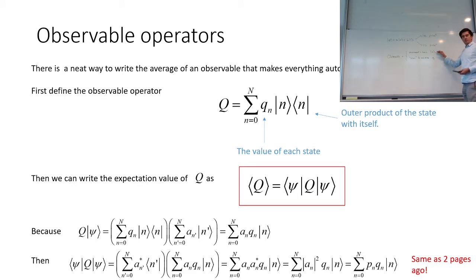The way it differs from just the measurement is that it has these particular values assigned to each outcome.